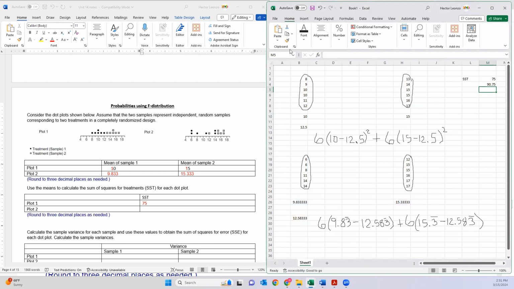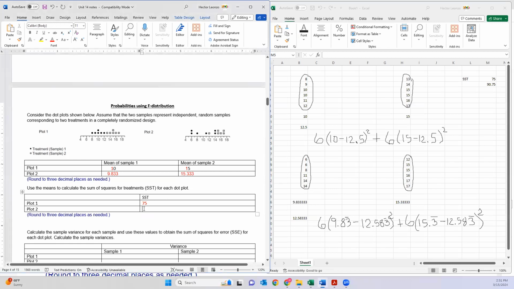Press enter. So let me fix this. This parentheses and this parentheses go to the second power. Okay, so my SST, the sum of the squares for treatment on plot 2, is going to be 90.75. Okay, so not that bad.